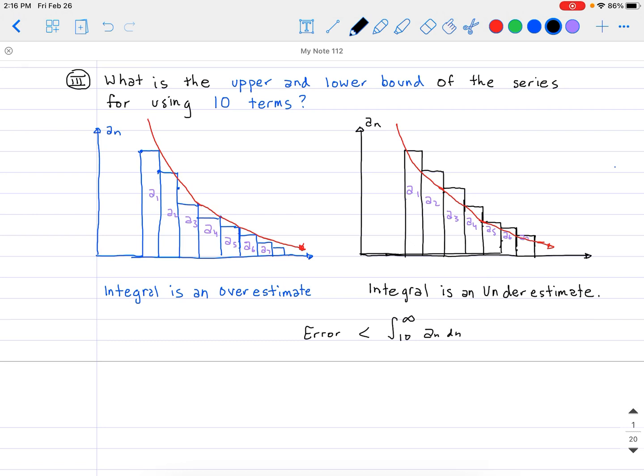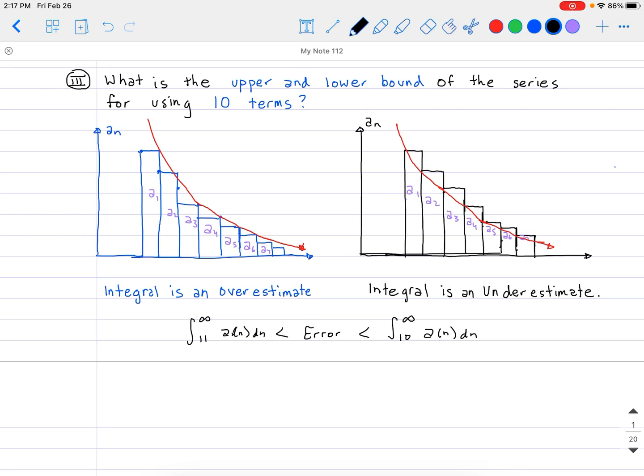Whereas for the other one, let me write this a little bit better, because I don't want to write the summation sequence notation for this, of a of n dn. Whereas for your lower bound, your lower bound is going to be from 11 to infinity of a of n dn.